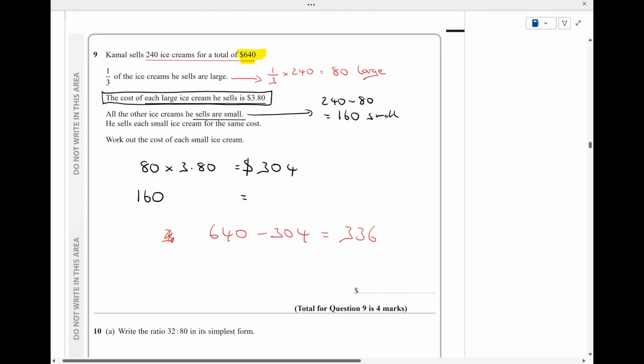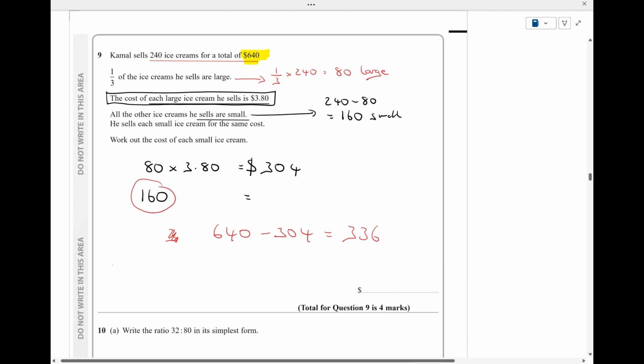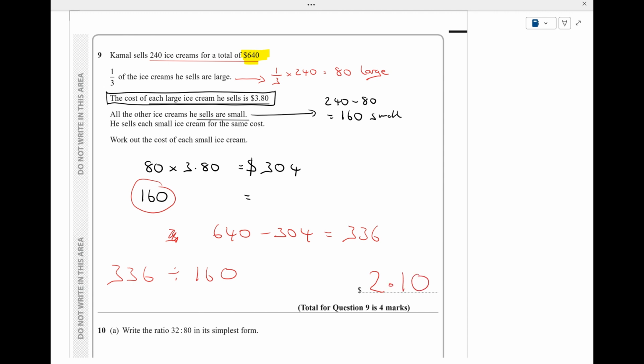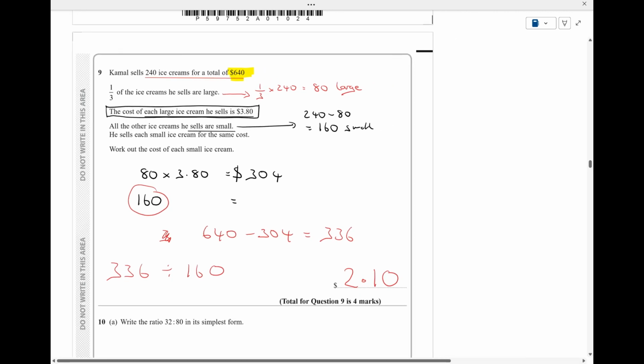And remember how he sells 160 of them. So each one, well, 336 divided by 160 will tell me the price of each of those. And the answer is 2.1 or $2.10. That's quite a tricky question, I think. I wish it said the price of each large ice cream he sells is $3.80, but it doesn't.